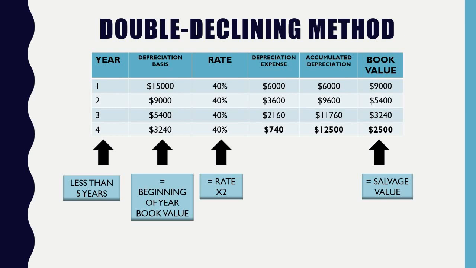And then of course, our last year of its life, it must reflect the book value. Okay? Book value can never fall below salvage value. Okay? Any questions about this? Okay.